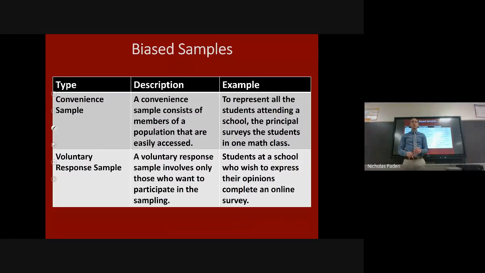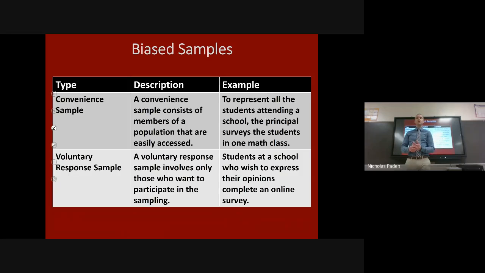But one example would be if I were to send out a survey and I said, if you want to answer this, then do the survey. Not every student's going to answer that survey. And so because the only students who answer are ones who chose to, who volunteered to, that's a voluntary response sample. That might not give me a good, accurate depiction.